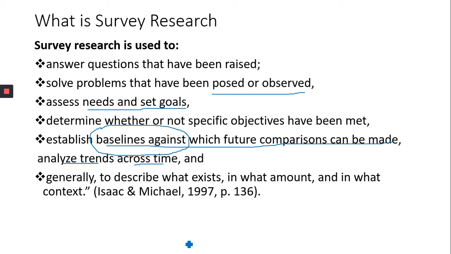How many tractors do we have, for instance? What is the level of mechanization? What irrigation systems are being used by the people? Any seed producers that we have, how much seed do those producers produce? Those are called the baselines.